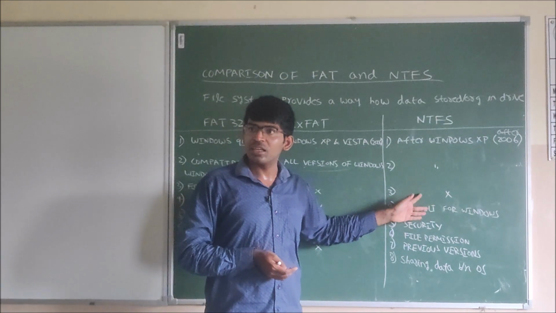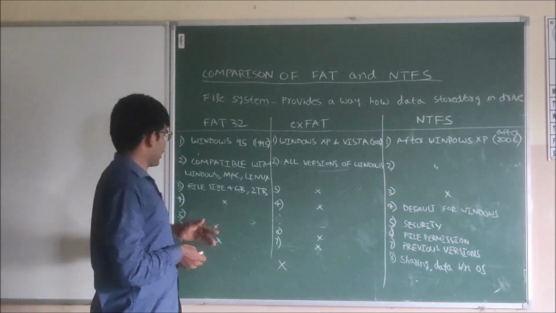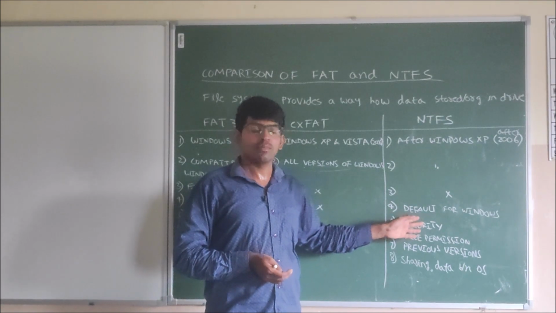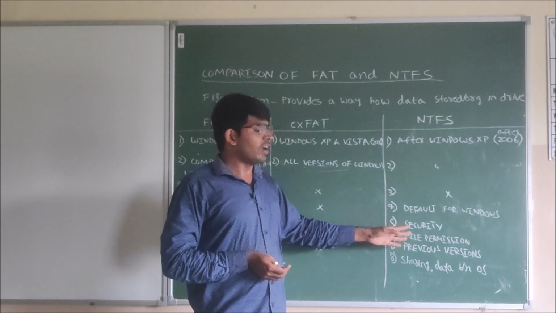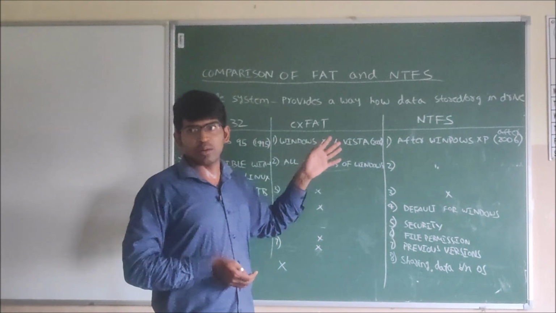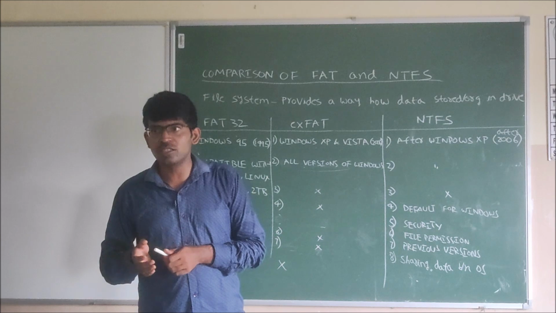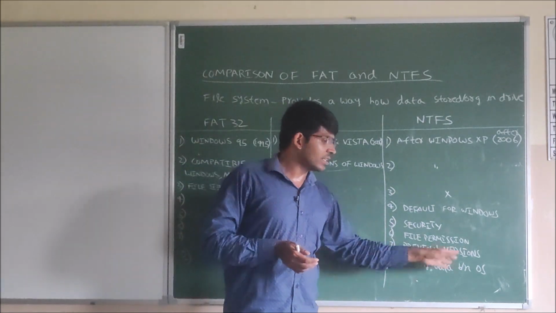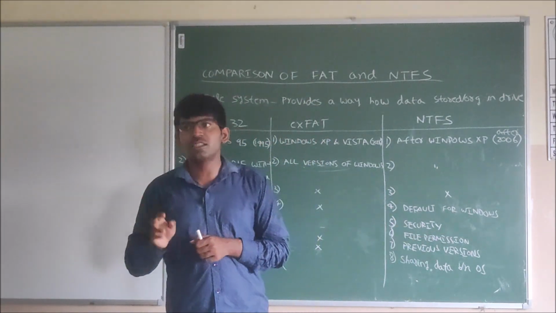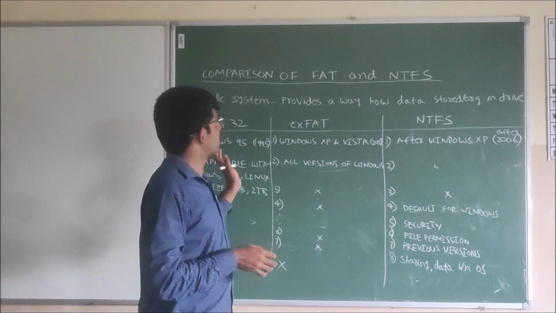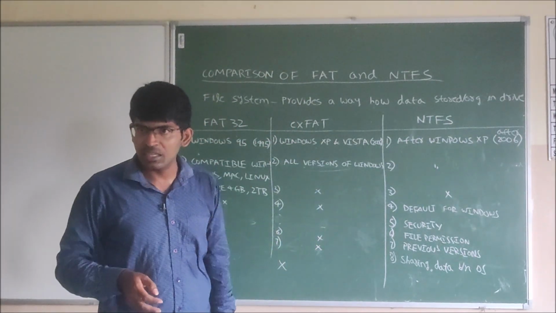In NTFS, unlimited. Next, security. File permission is there in which type of file system? NTFS. Previous versions restoring, available in which file system? Sharing data between OSs is available in which file system? So these are the main comparisons between NTFS and file allocation table.